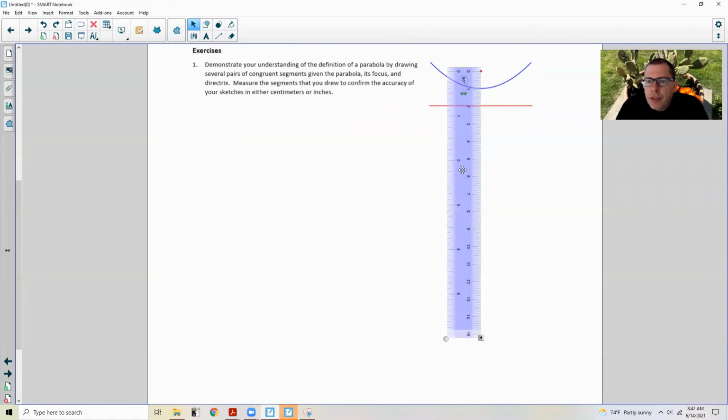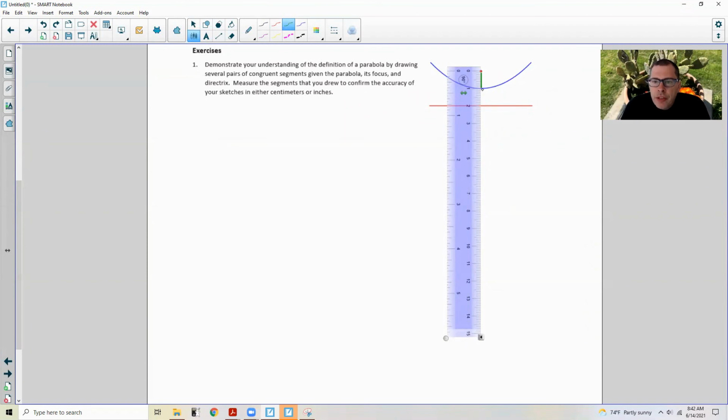Trying to move this a little bit. Right there. Perfect. Now when I measure this, let's use green. This is 1 centimeter. As you can see, from the focus to the parabola is a distance of 1 cm. So if I drew a segment there, that is distance 1 cm.